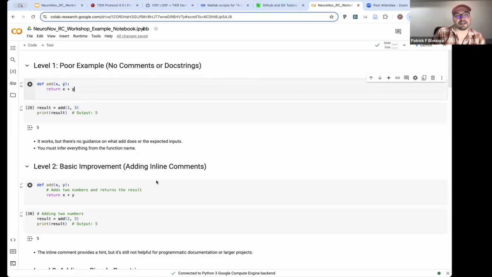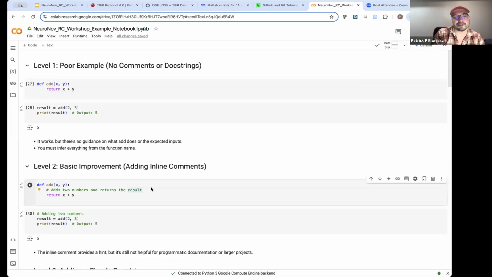One way to improve this in a basic way that folks are probably familiar with is inline comments, which is where you use, in Python, this hashtag, or in MATLAB, the %. You can add comments to write text that isn't executed by your computer, and tell people this function will add two numbers together and return the result.